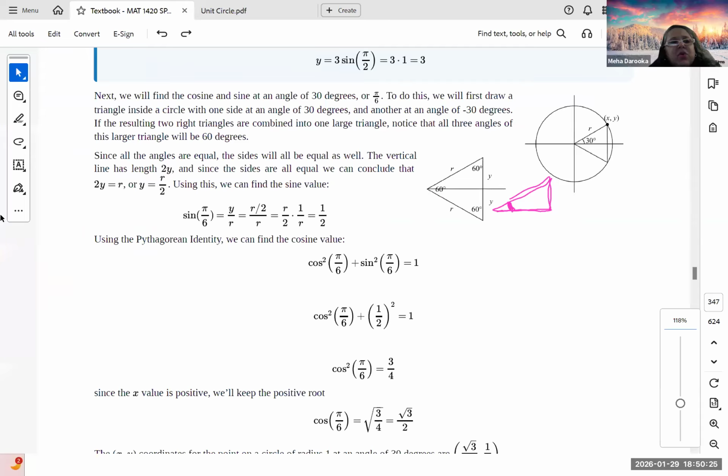Okay. So if you have a 30-degree angle, they're basically saying create a reflection of that. So you're basically creating another triangle below the x-axis, which will, of course, because we would be going in a clockwise direction, this angle would be negative 30 degrees.